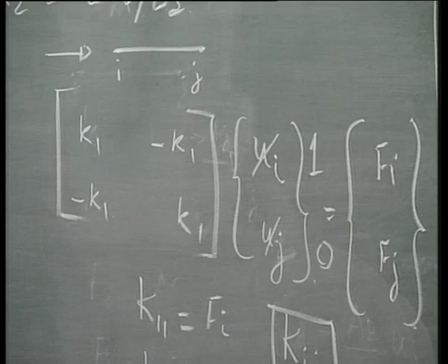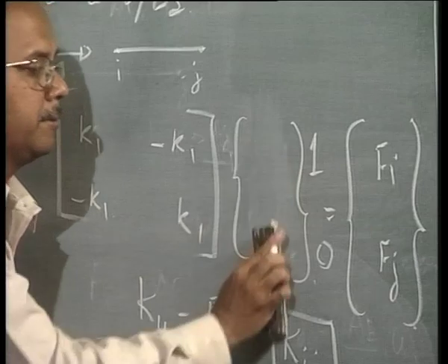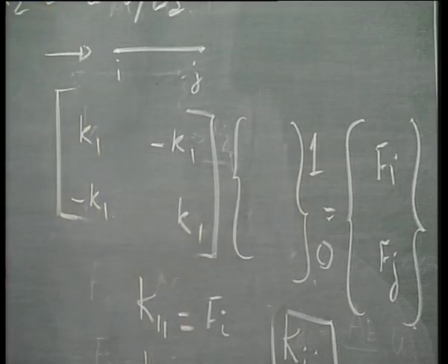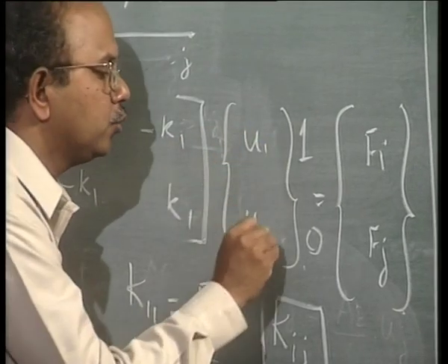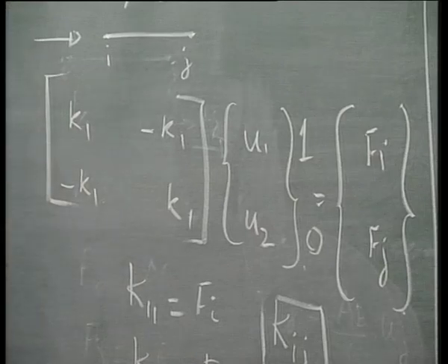Is that clear? Okay. Now, what happens to i and j now? What happens to i and j? U1 and U2. What happens to Fi and Fj?